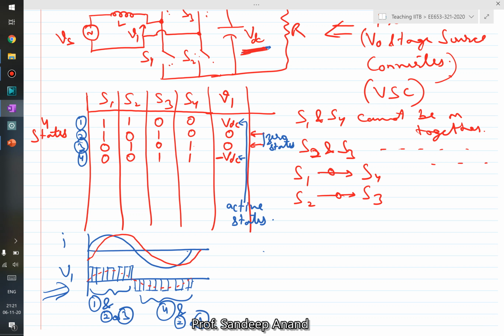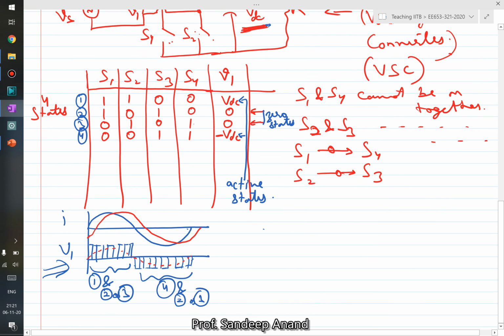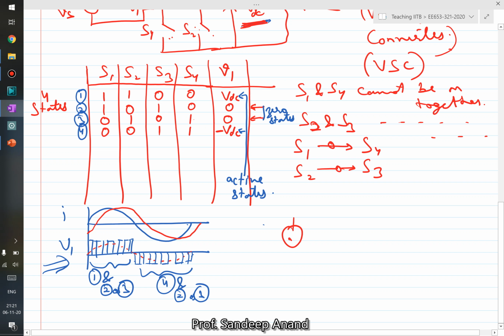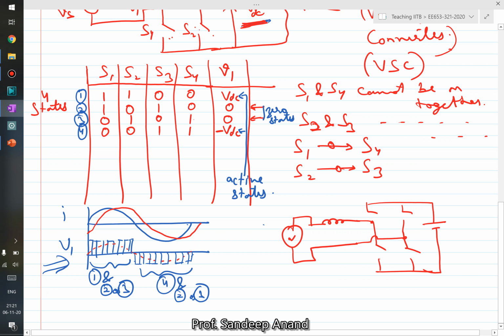If that happens, then the power would actually be flowing in reverse, right? So in that case, what you can do is you can still have a source, have an inductor, connect this voltage source converter, and have a DC source here, let's say a battery, and you can feed power back to the grid.